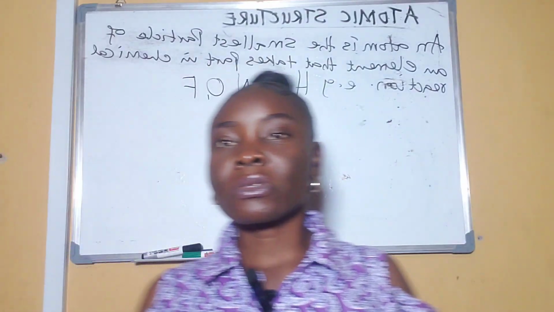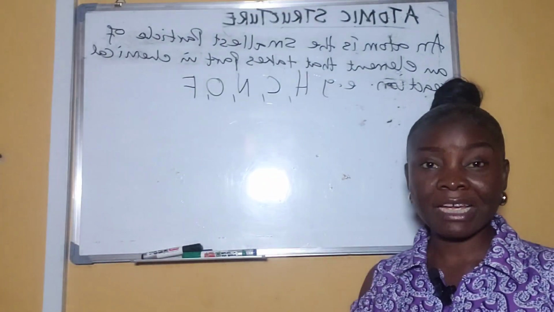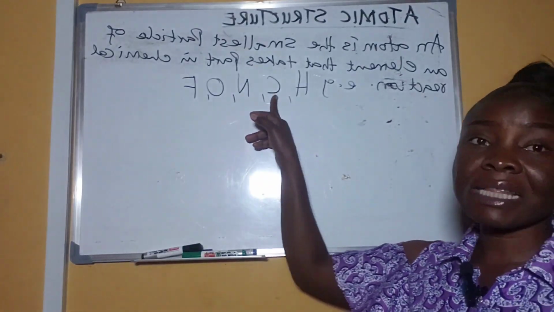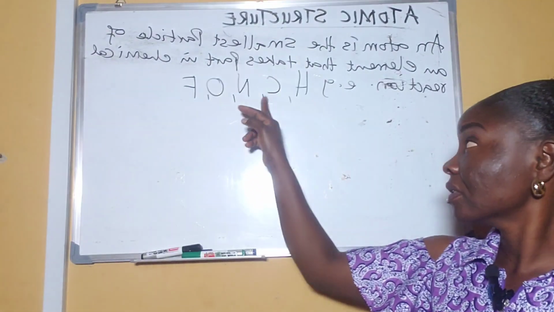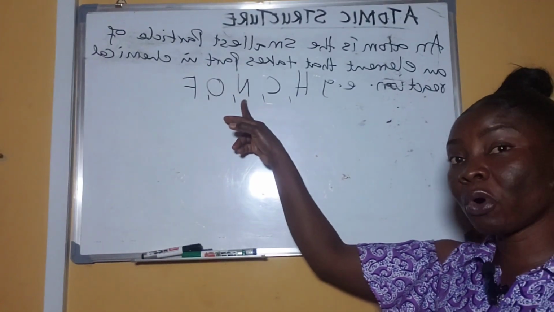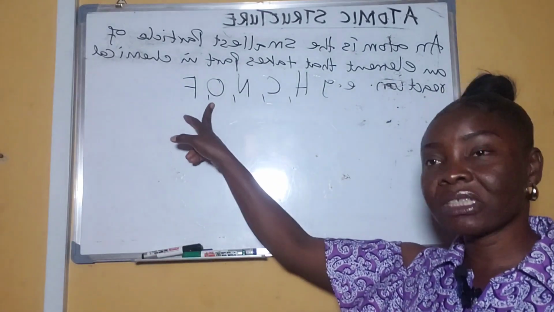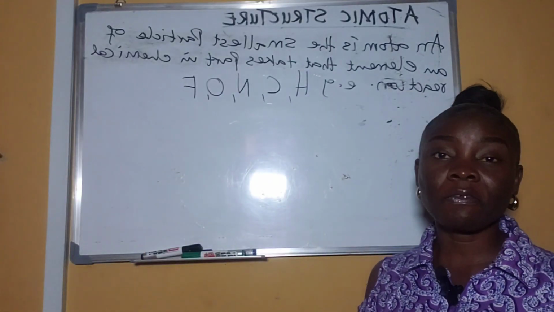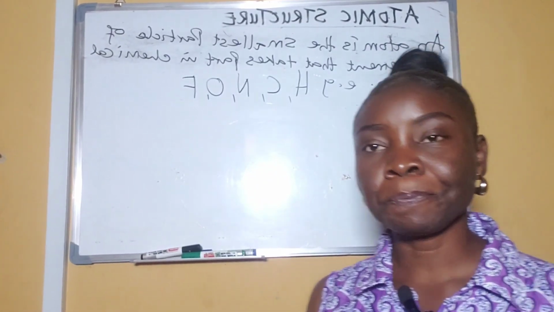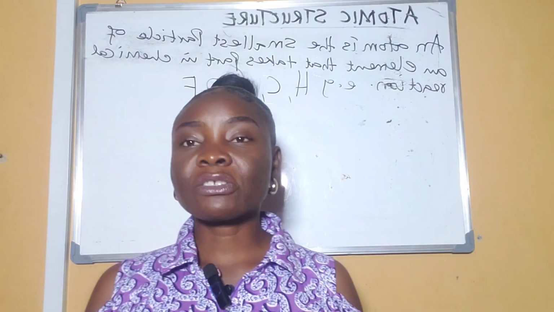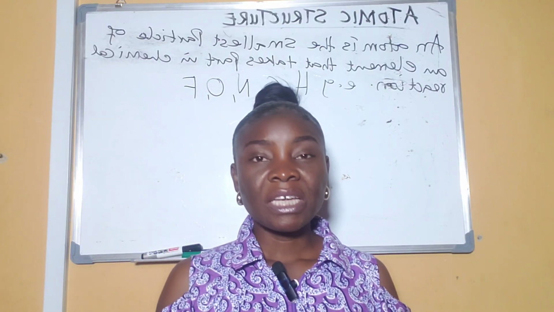And so on and so forth. H stands for an atom of hydrogen, C stands for an atom of carbon, N stands for an atom of nitrogen, O stands for an atom of oxygen, F stands for an atom of fluorine, and so on and so forth.